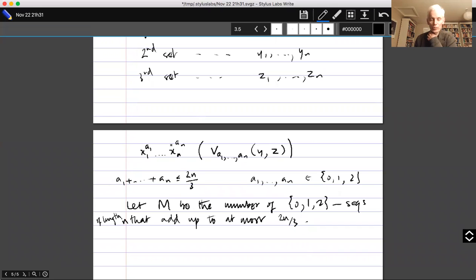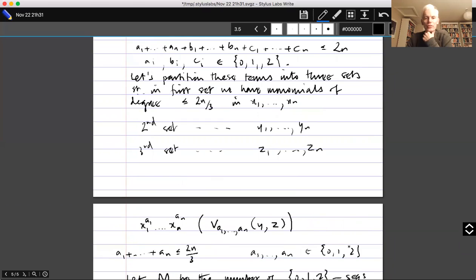And I've shown that the contribution from the x terms will contribute at most m to the slice rank. Then by symmetry, that's the same for the y terms and the z terms. So then the slice rank of f is less than or equal to 3m.